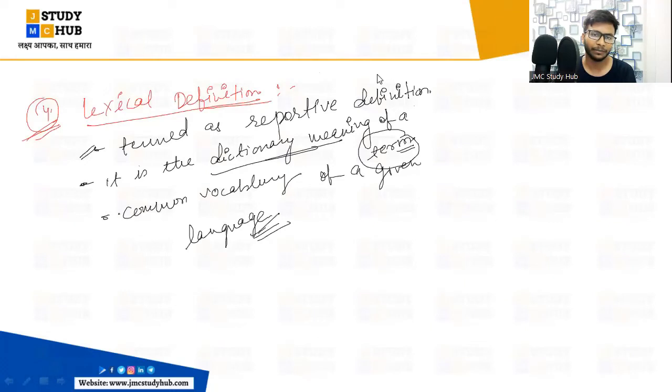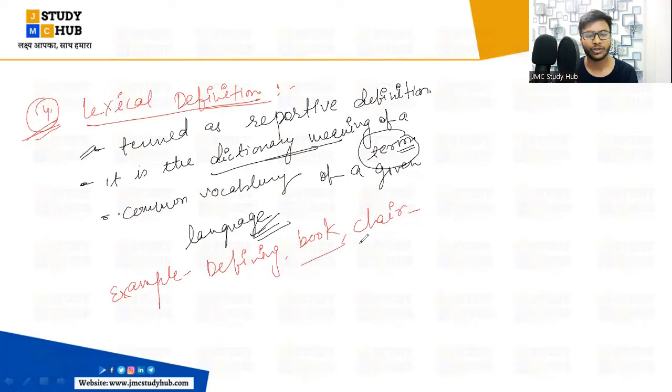For an example here, defining book, chair, right? ये सारी चीजें जो आप डिक्शनरी के अंदर मीनिंग देखते हो बुक का, चेयर का, या फिर anything, that is what the dictionary meaning is, right? क्लियर है? जल्दी से बताएंगे. This is simple. This lexical definition is nothing twisted here. It is about the dictionary meaning or common vocabulary of a given language, right? It is all clear?